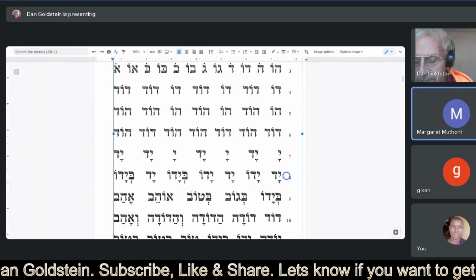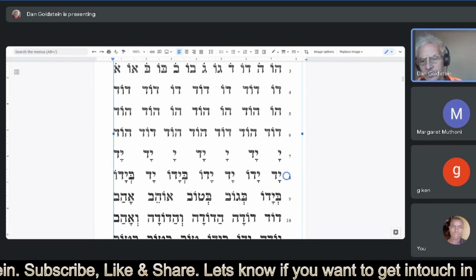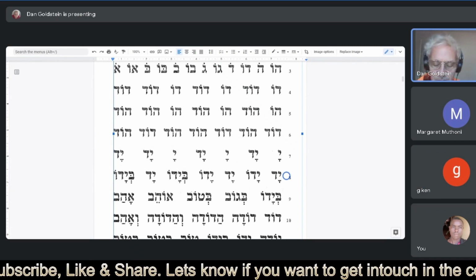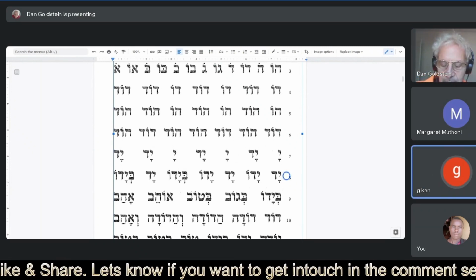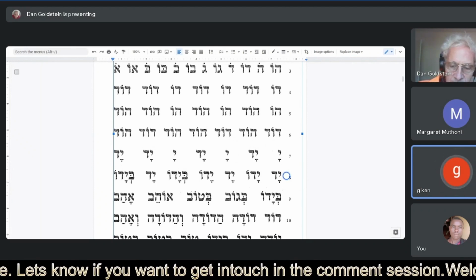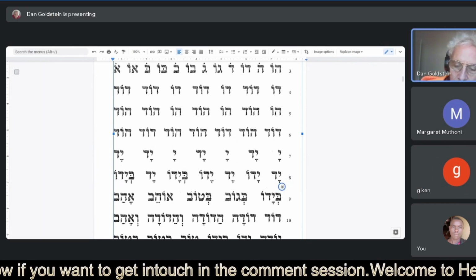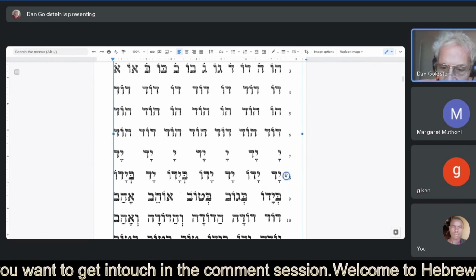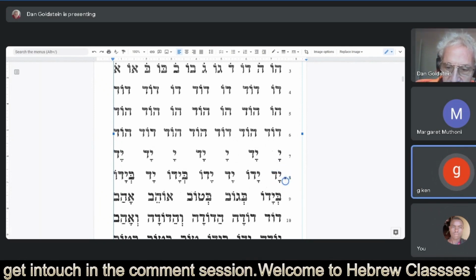And based on what we've discussed, Gideon, would this be considered an open syllable or a closed syllable? That's a closed syllable. An open syllable ends with a vowel, and a closed syllable ends with a consonant.